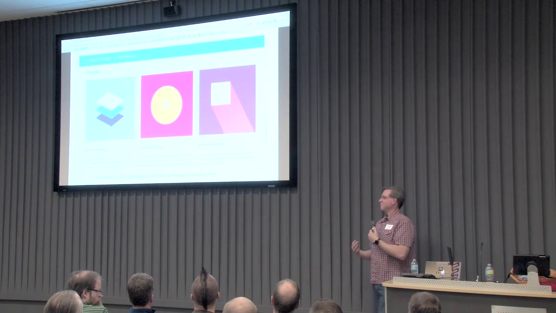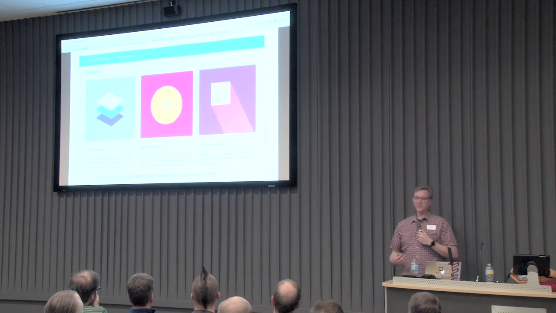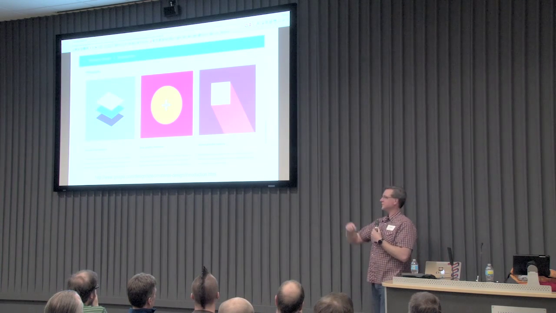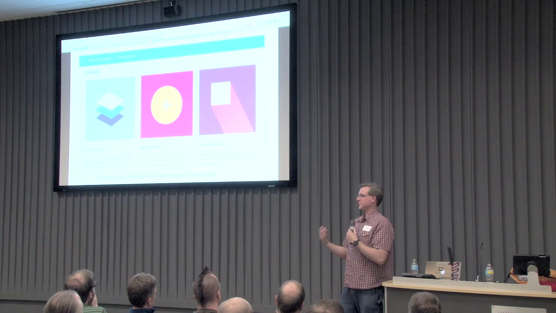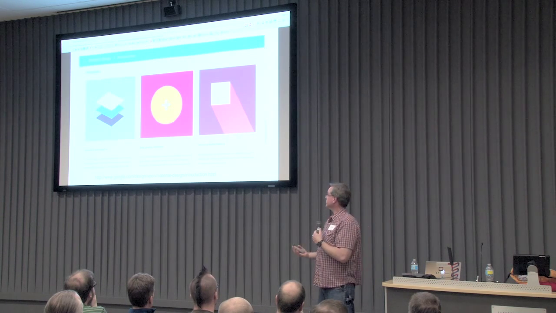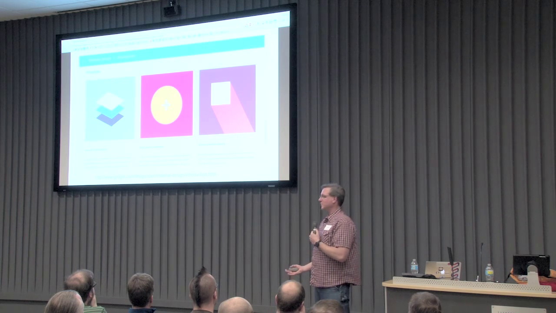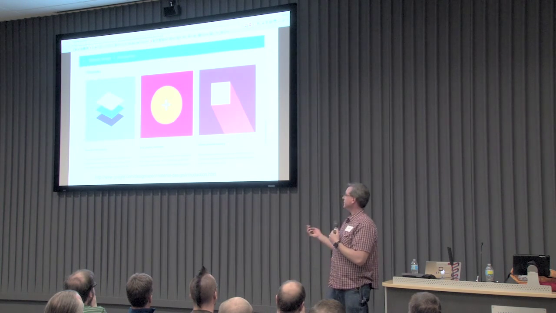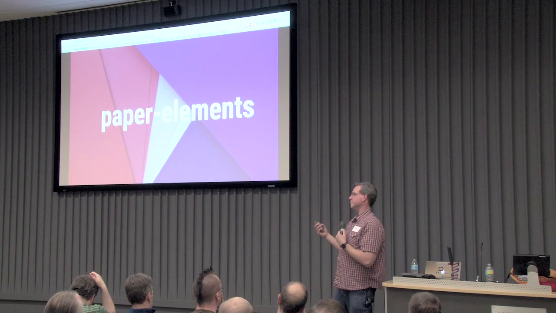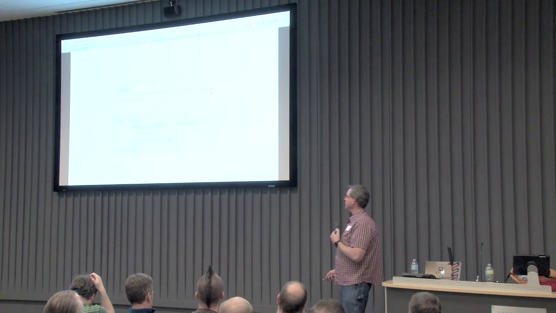So another collection of items in this library: last year at Google I/O, Google announced their design standards, which is this material design. So there's a whole suite of web components that come with this material design baked into them. They're called the paper elements.